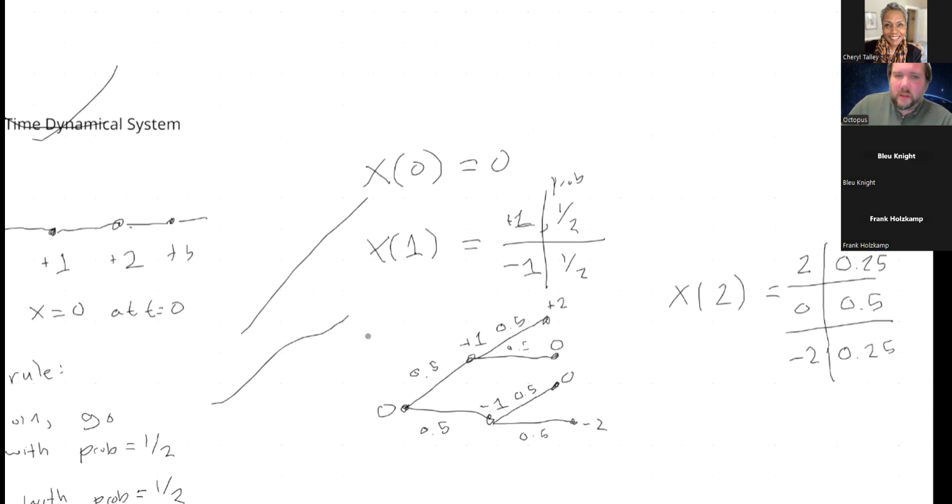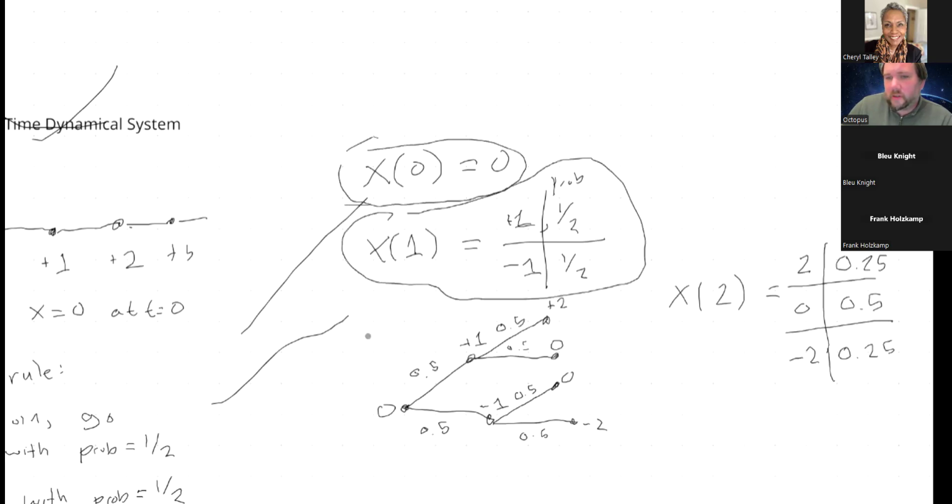And so what I'm generating here is a sequence of random variables where the next random variable depends on the previous one. But that's the fundamental difference in a stochastic difference equation, is that the differences are random, and so I can't speak to a single sequence of numbers. Rather, I'm speaking to a sequence of probability assignments.